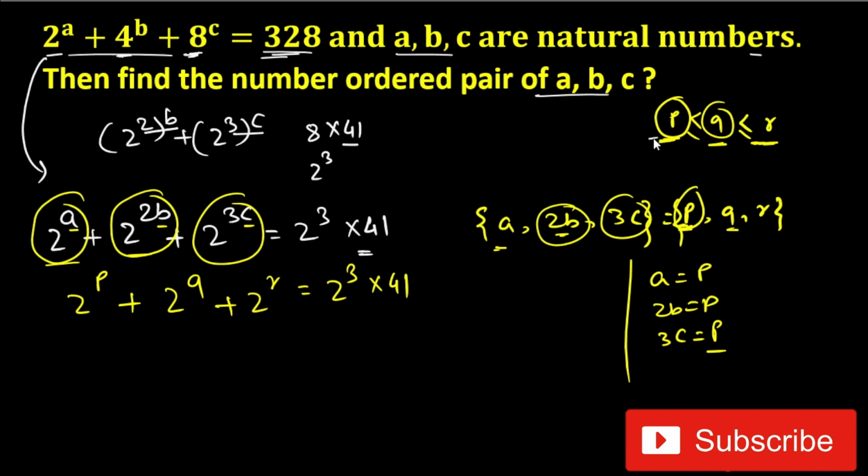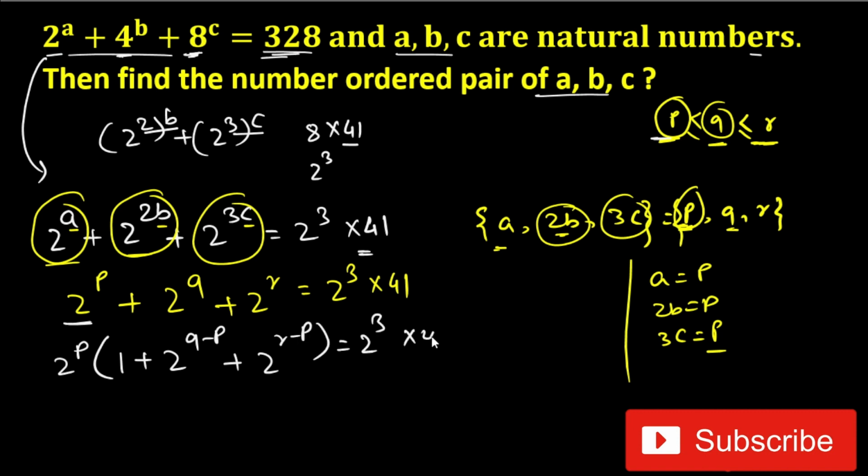Since 2^p is the smallest, we take 2^p common, so the remaining is 1 plus 2^(q-p) plus 2^(r-p), equal to 2^3 multiplied by 41.